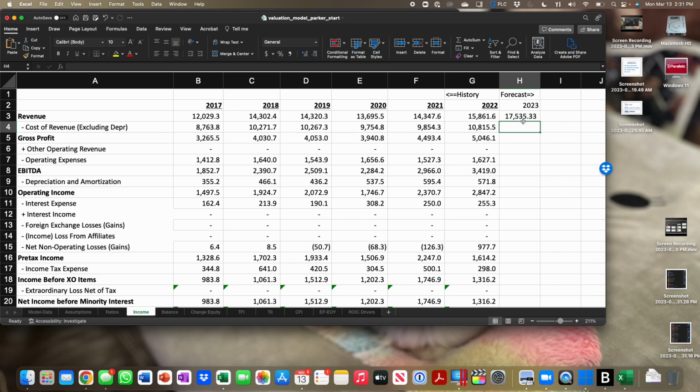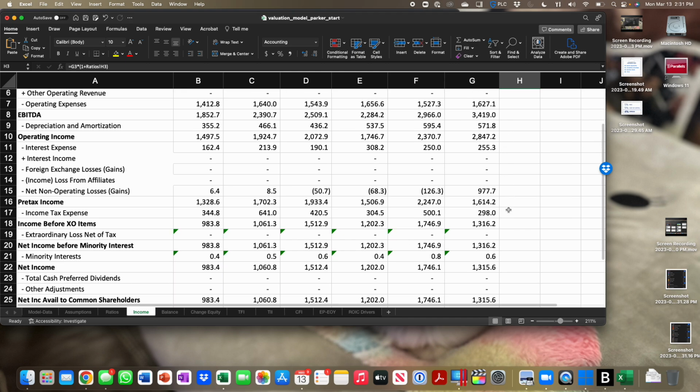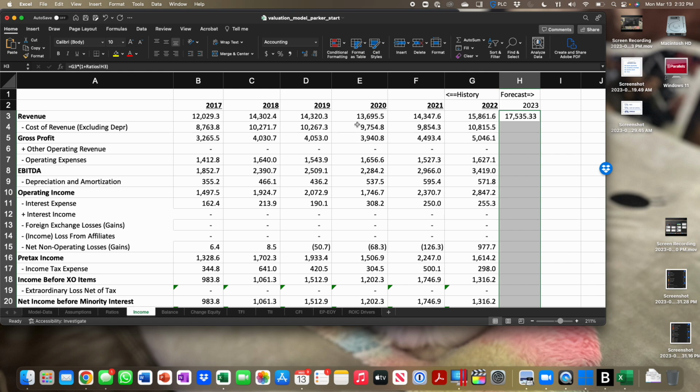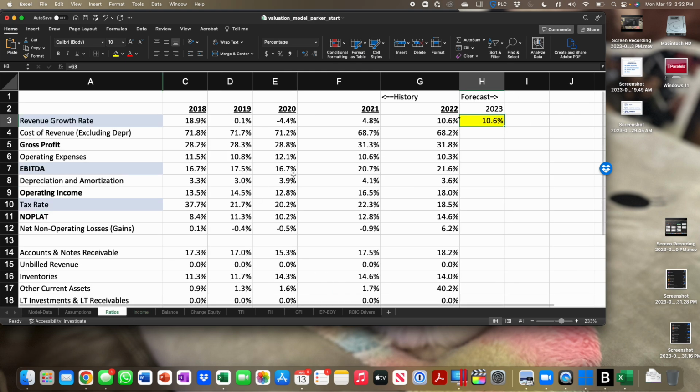Now I'm also going to take cells H3 going down to H27 and format them to 1 decimal place, just to be consistent with the previous years. Okay, so 17,535.3. Now, I don't want you to do this, but what if Parker Hannifin next year grew 7.5%?